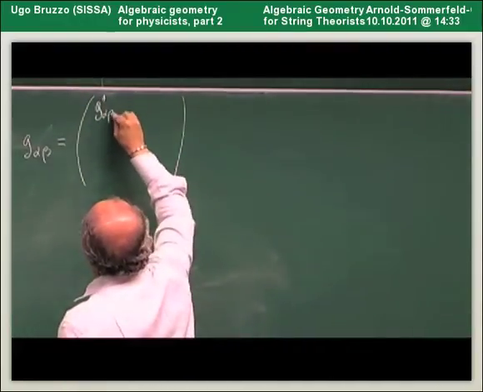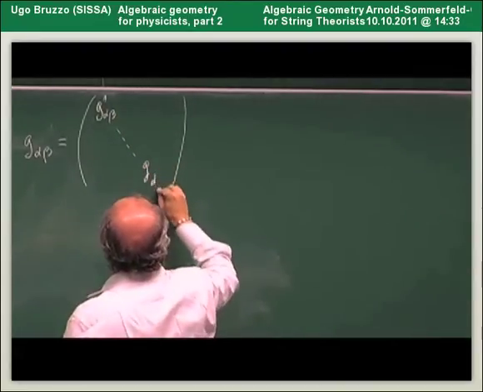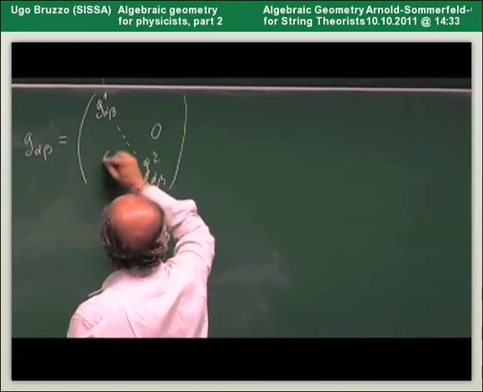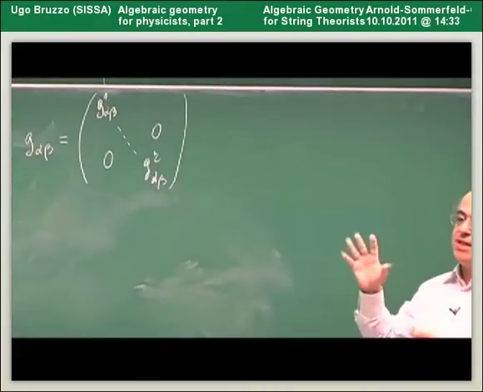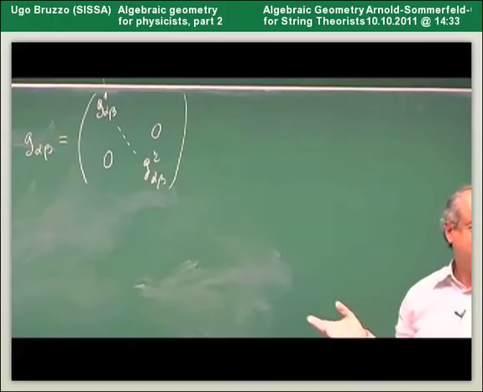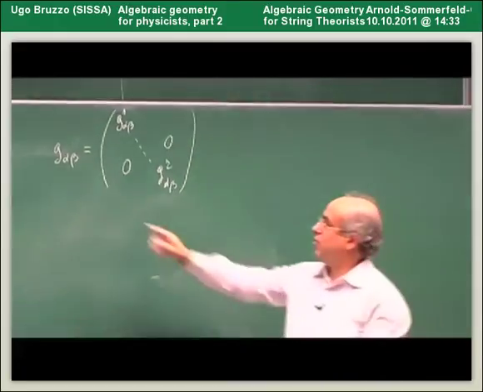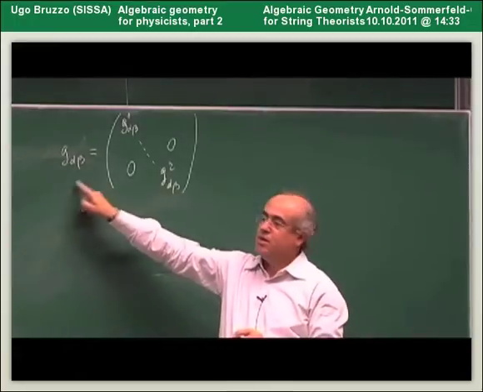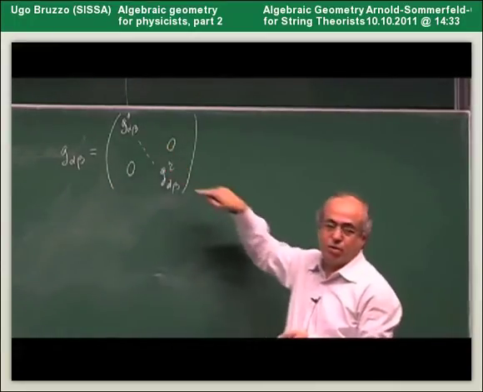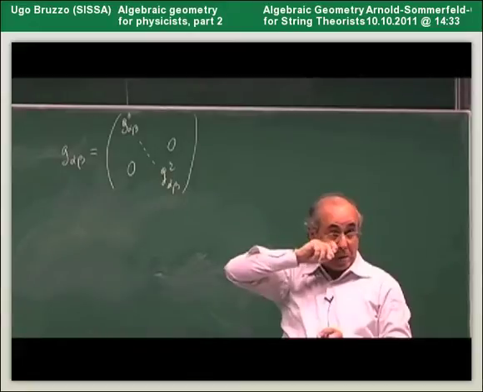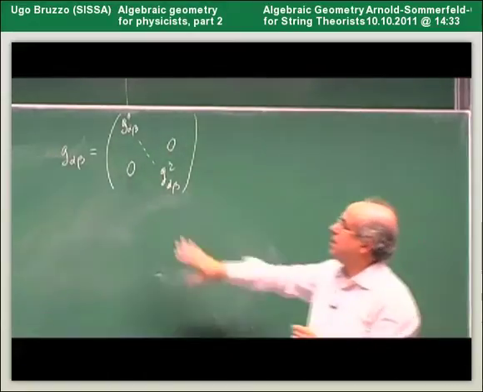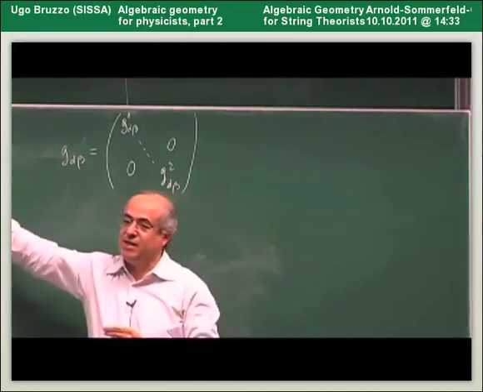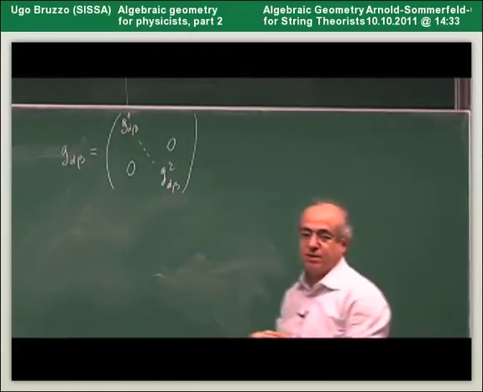So this means that we have just elements on the diagonal. And these elements will satisfy the cocycle condition, correct? Because you write the cocycle condition for these G's, and you will get the cocycle conditions for all the elements on the diagonal. This exactly means that E is a direct sum of line bundles.